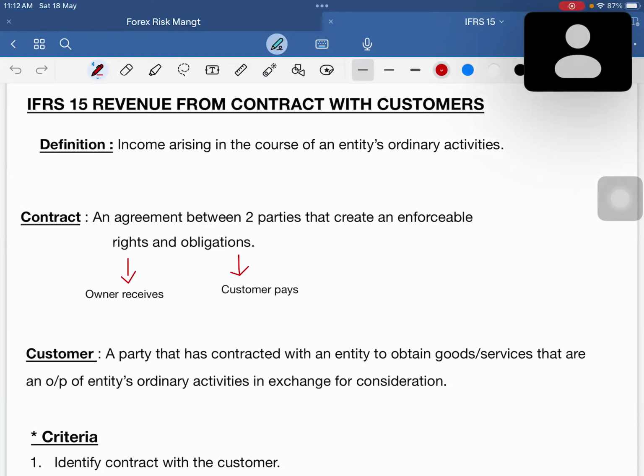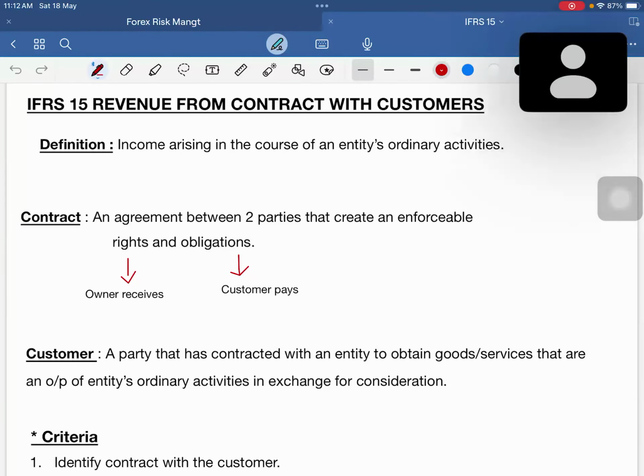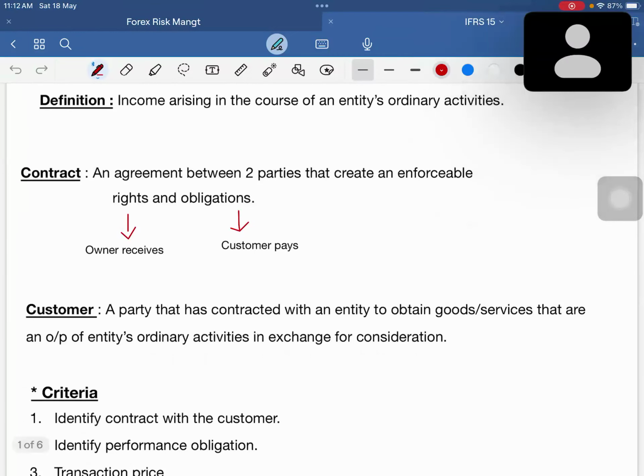Now, if you're going to learn IFRS 15, you must know that it is a contract. It is a binding contract between a customer and the one who is selling the product. So it is an agreement between two parties, and these two parties create rights and obligations.